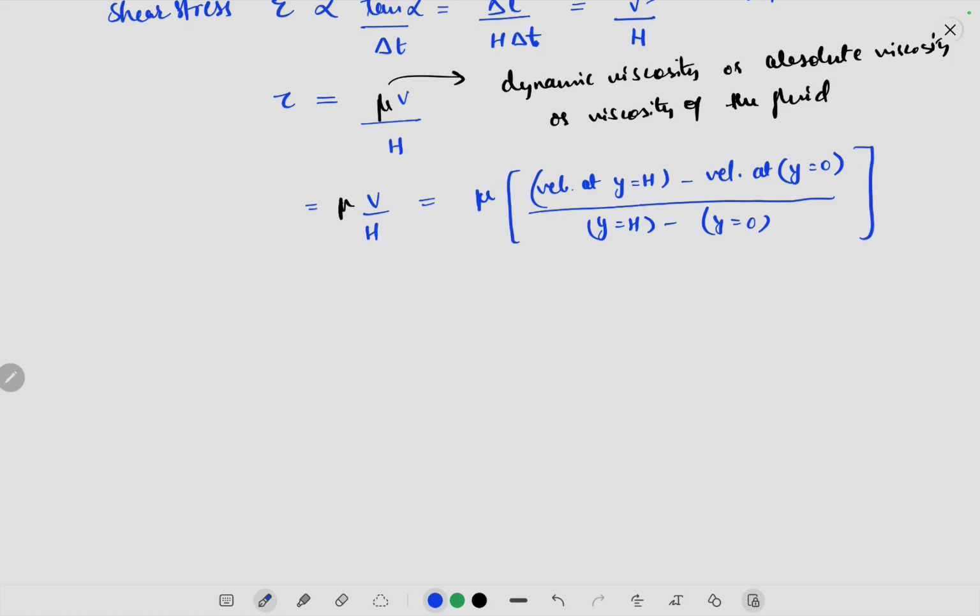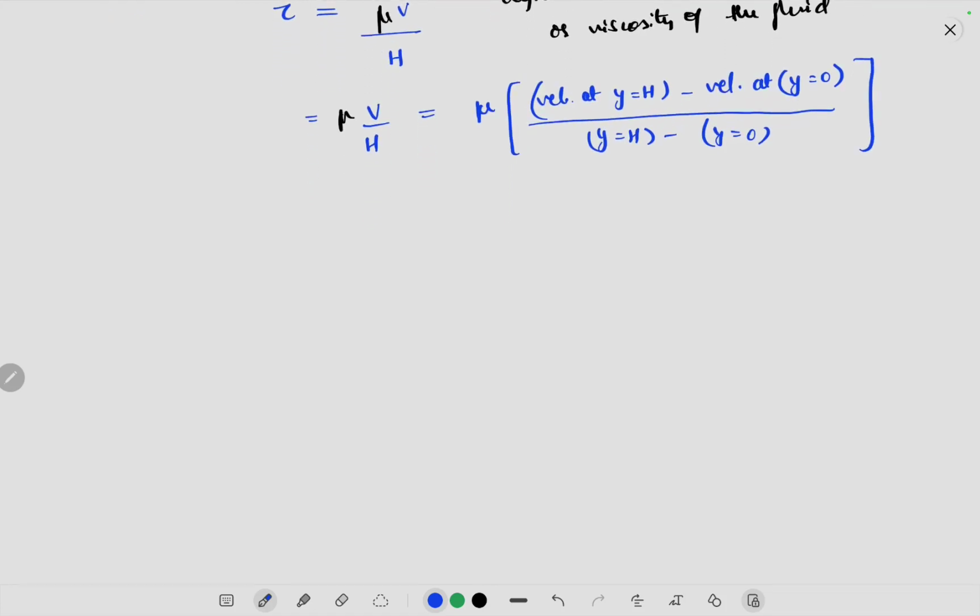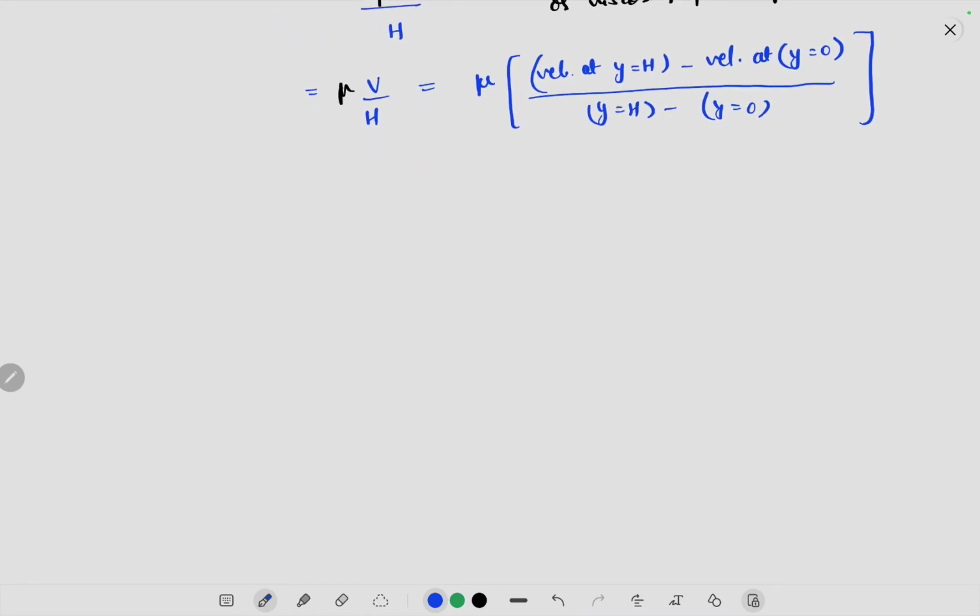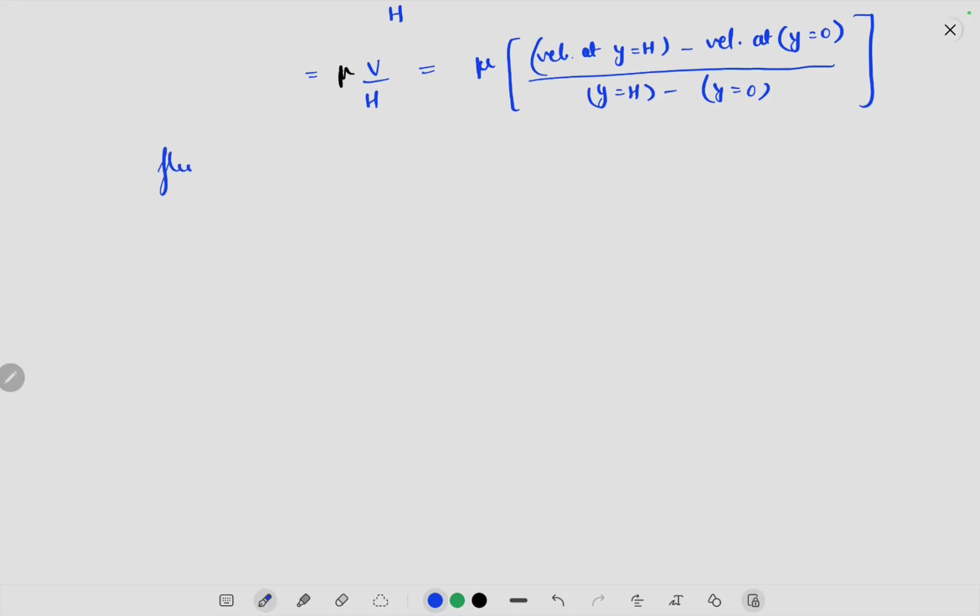Now, like I said, in the continuum approximation this fluid element is infinitesimally small. So in that case, y is equal to h minus y is equal to 0 is very small.